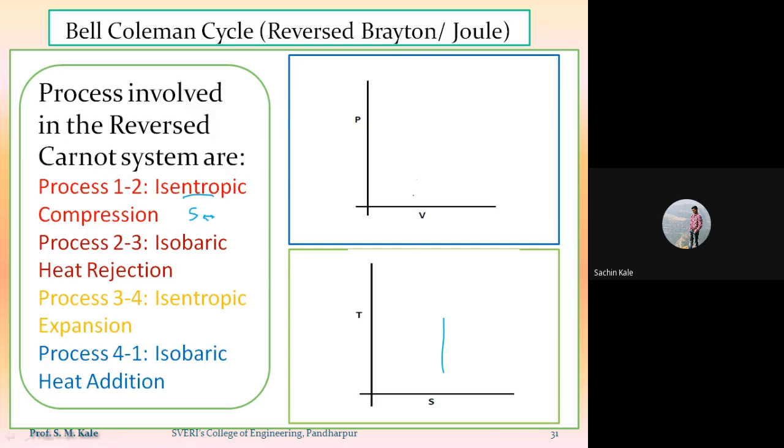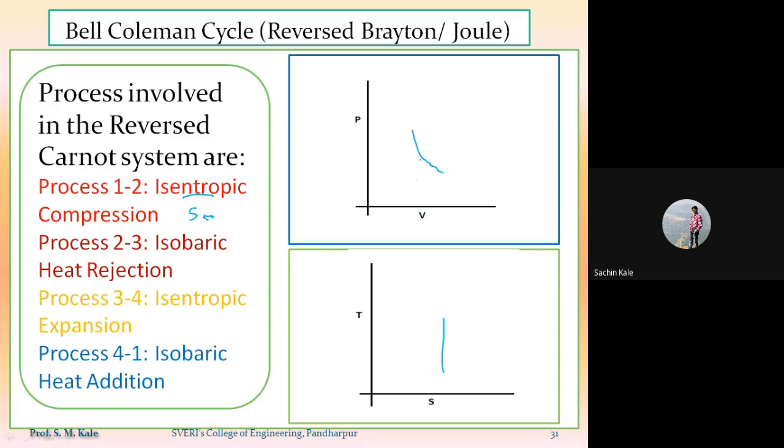But what about the PV diagram? We know the nature of a constant entropy line on the PV diagram: a curve with this nature will be called a constant entropy line. Whatever process 1 to 2 we have to draw, we draw it parallel to this line.